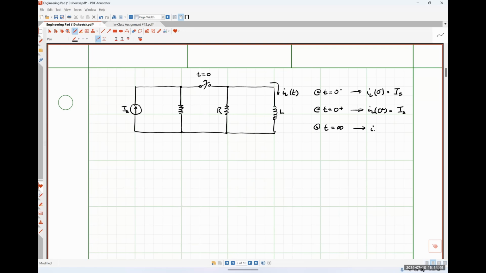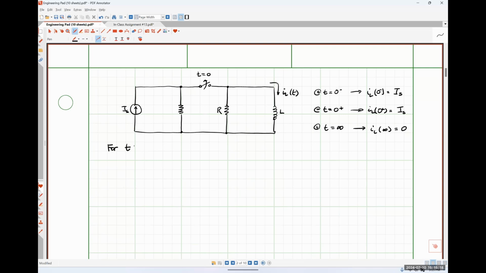So we would expect to see that our inductor current dies down to 0 at t equals infinity. Okay, so we have an idea of what's going on in our system, and so now we're going to figure out how our inductor current behaves during the transient, just like we did for our capacitor voltage several minutes ago.